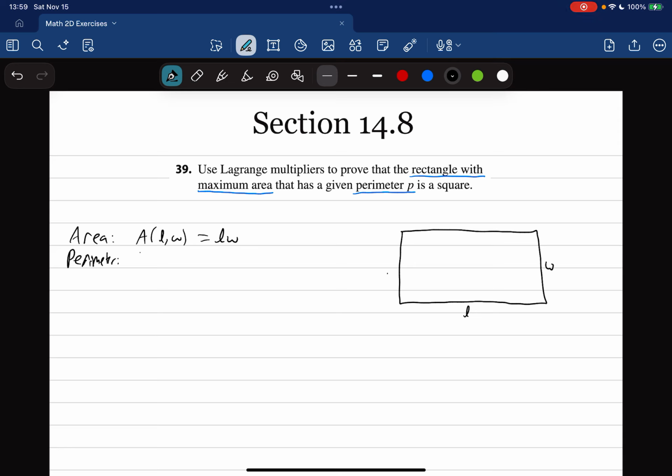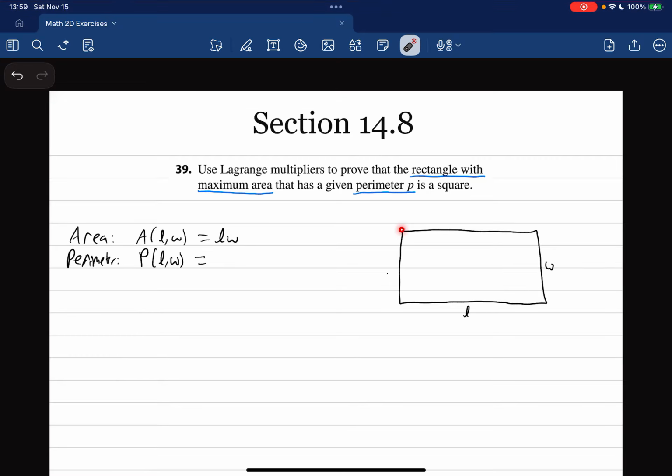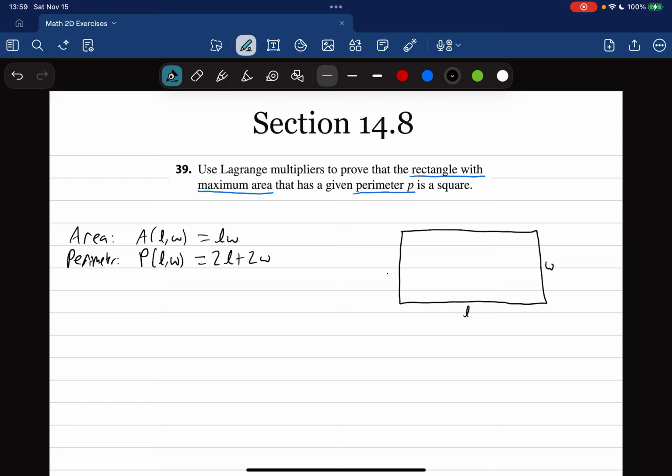I'm going to call it capital P. This will also be a function of the length and the width, and the reason why is because the perimeter is just the sum of all the lengths of these sides, but with a rectangle, this side and this side are equal, and then this side and this side are equal. So if we add all of the sides together, we get 2L plus 2W. And we're given that this thing is equal to little p, where little p is that constant they gave us.